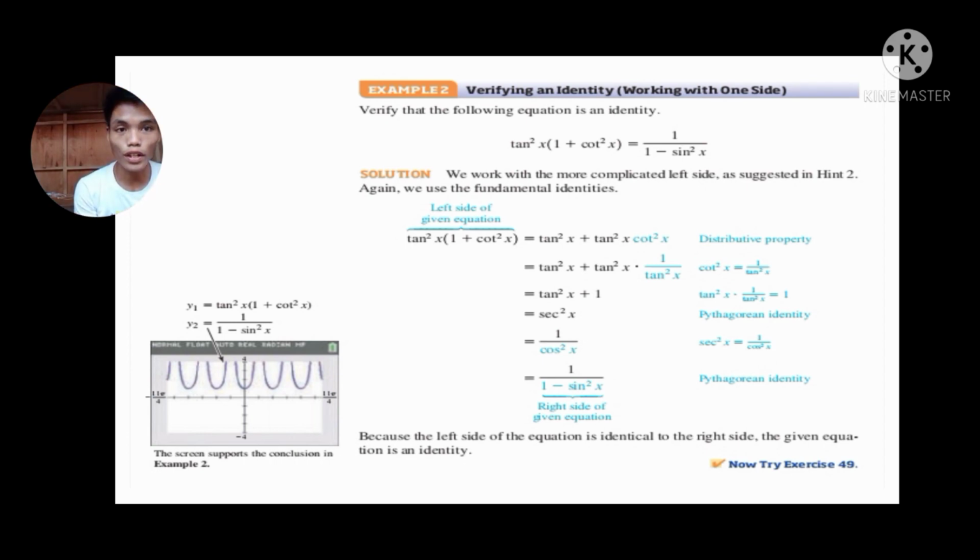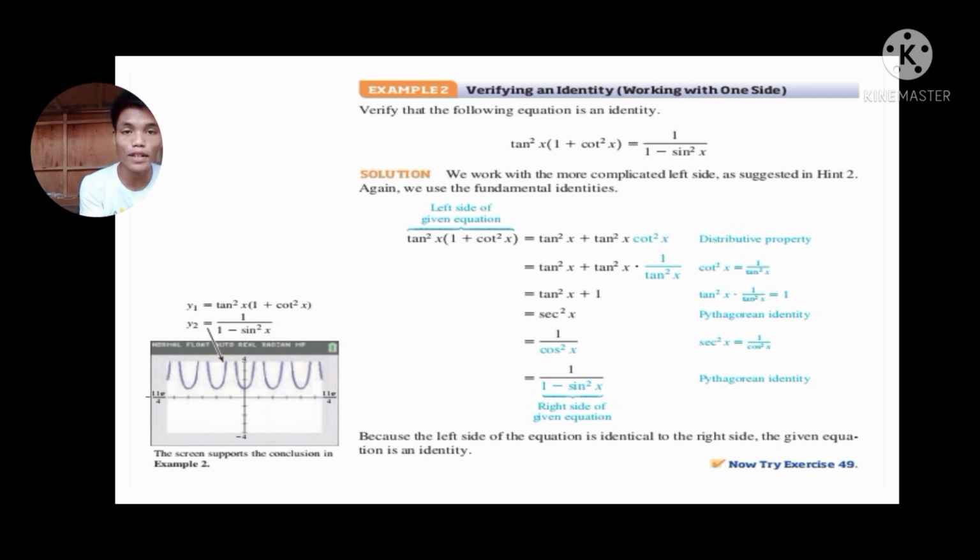Tangent squared x multiplied by 1 plus cotangent squared x is equal to tan squared x plus tan squared x multiplied by cotangent squared x. So we use the distributive property here. Then it is equal to tan squared x plus tan squared x multiplied by 1 over tan squared x.